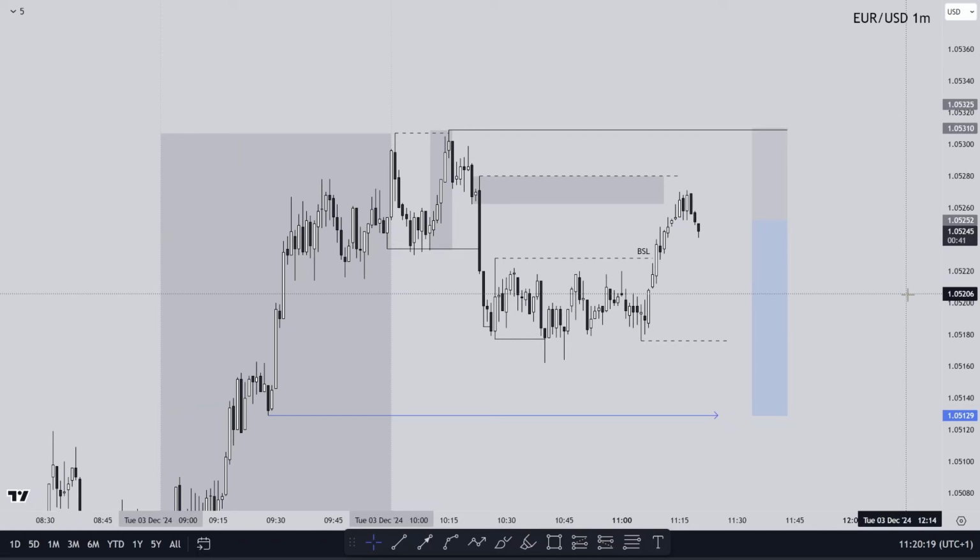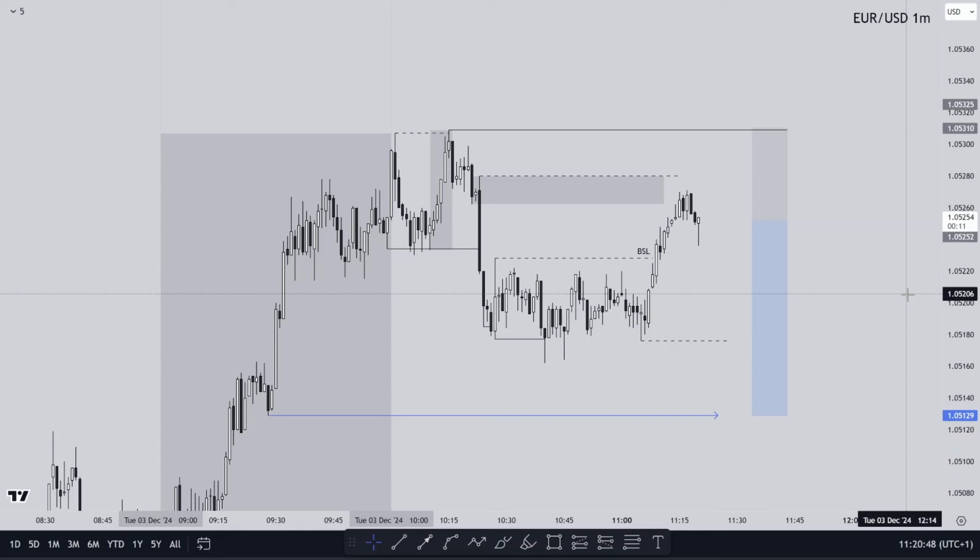Now let me enter also the TP. That is 1.05129. I had to enter it manually, because as I said before, I haven't installed the MetaTrader platform on the PC yet, so it's a little boring, but it's okay.